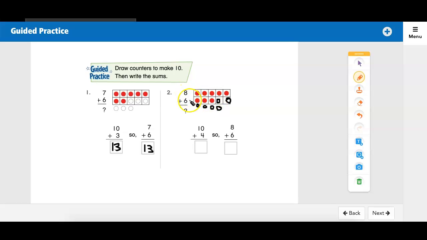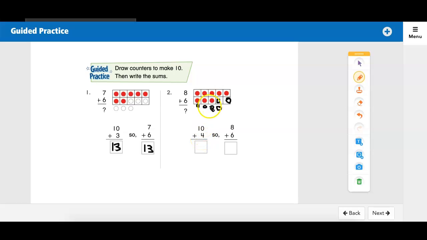So we're showing 8 plus 6. So we have 8 red counters, and we had to draw in our 6 counters. Now if my tens frame is full, I know that this is 10 counters. So this is showing 10 plus 4.